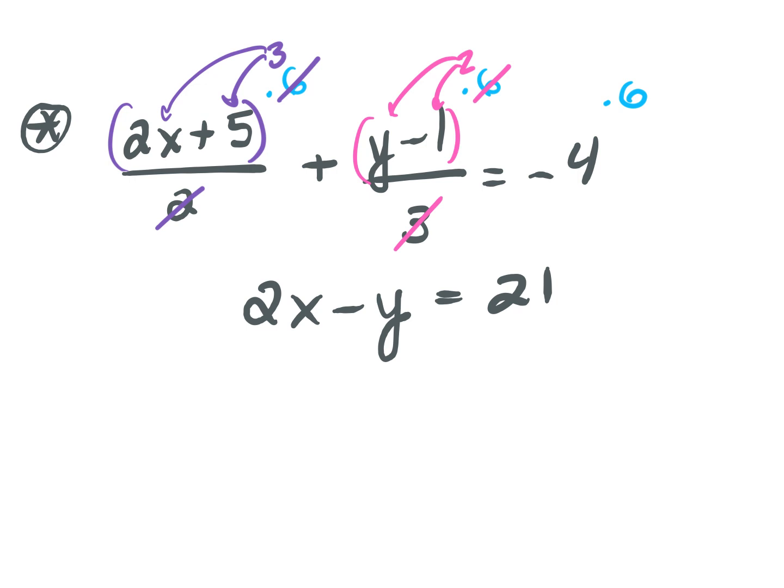So we have to distribute. So this would be 3 times 2x, which is 6x plus 15. And then 2 times y, 2y minus 2 is equal to negative 4 times 6, negative 24.